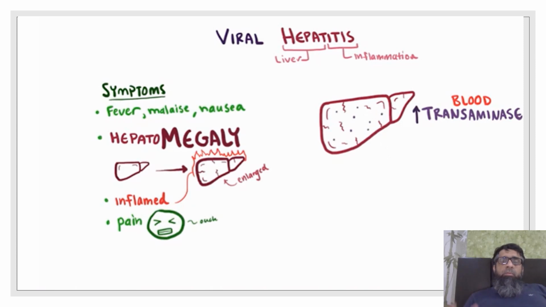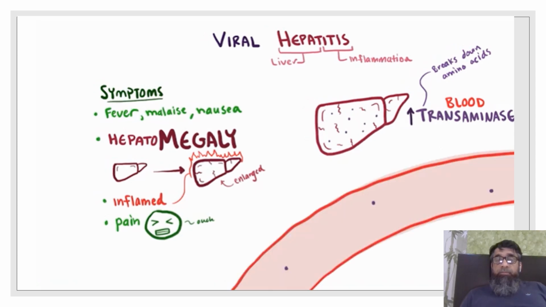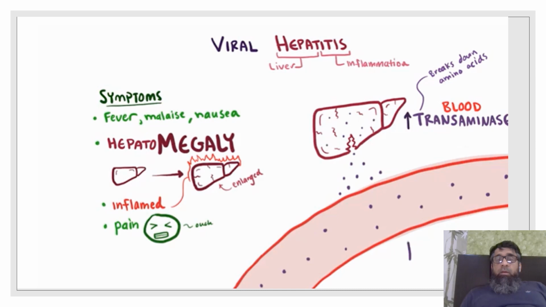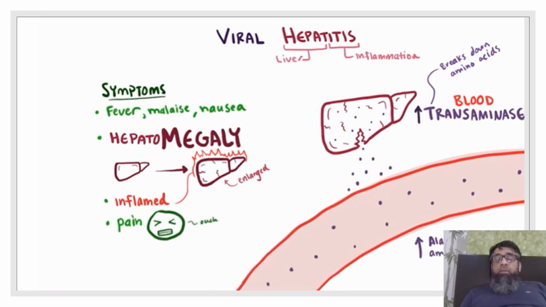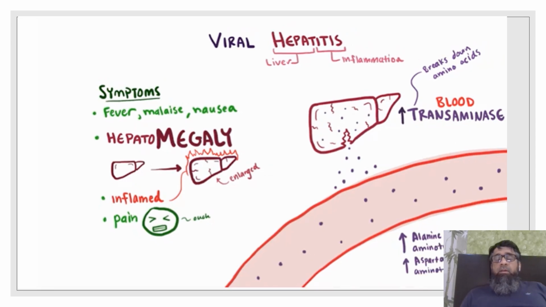Meanwhile, when this whole process continues, blood transaminase levels do increase, of course. This is due to the breakdown of hepatocytes. There is an increase in alanine aminotransferase, that is ALT, and also an increase in AST, aspartate aminotransferase.